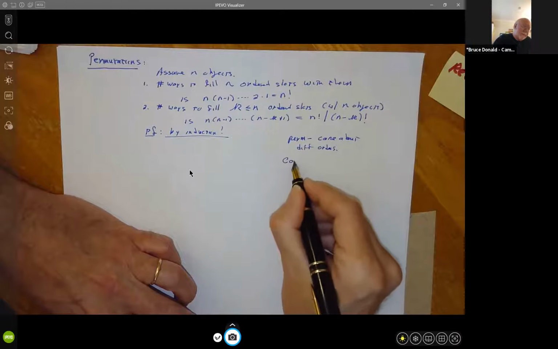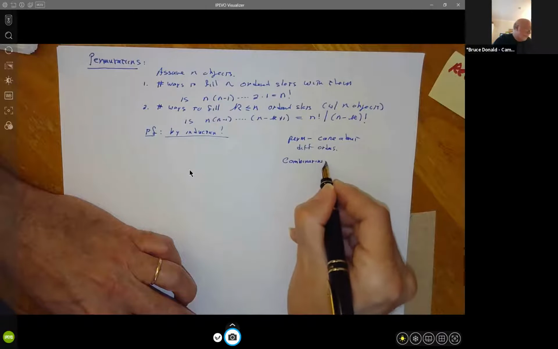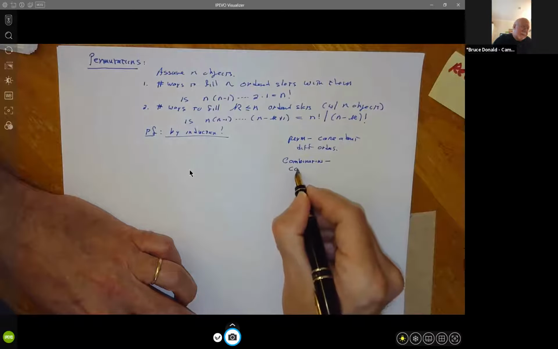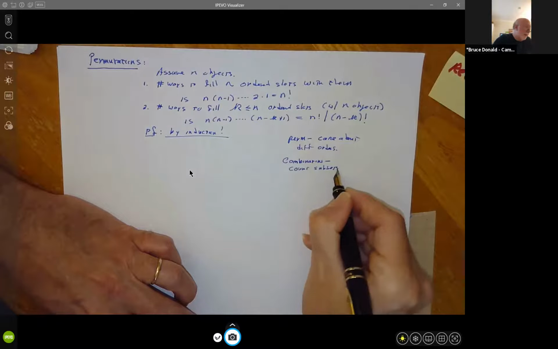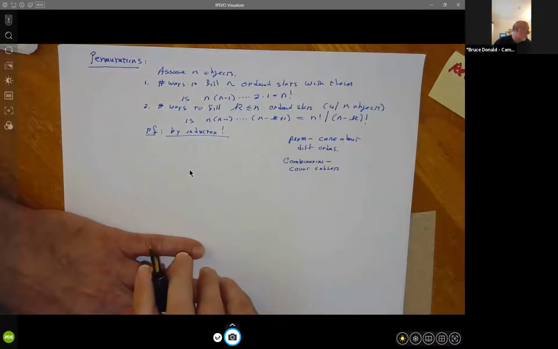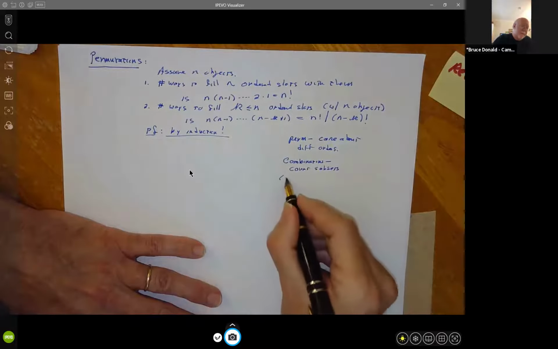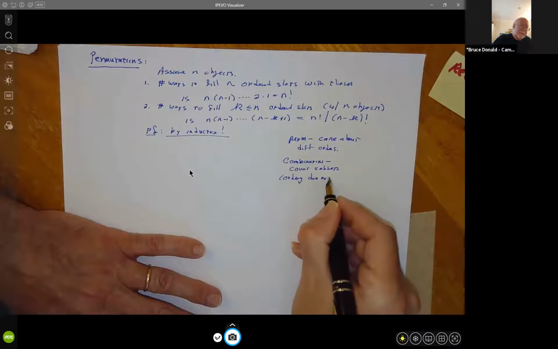Combinations, which I'll define below, count subsets. And by the very phrasing of this, as soon as I have sets, we know sets don't care about order. The ordering does not matter.